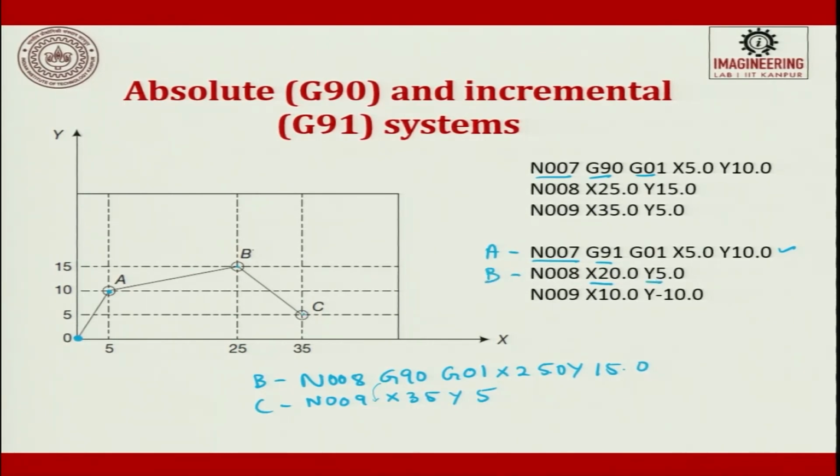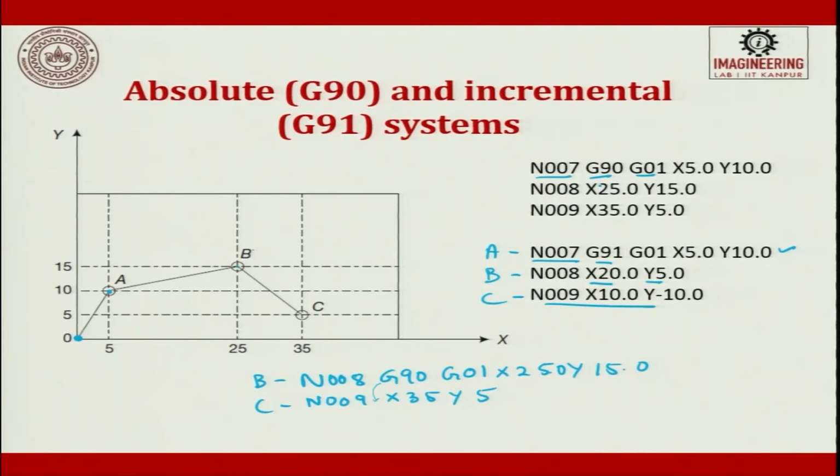When you talk about the C point, it is going to be 35 minus 25, which is 10, right, and then the Y axis falls from 15 to 5. So, 5 minus 15 which is minus 10. So, this is what is written here. Now, I am sure by looking into this program you will be able to solve absolute and incremental code usage.